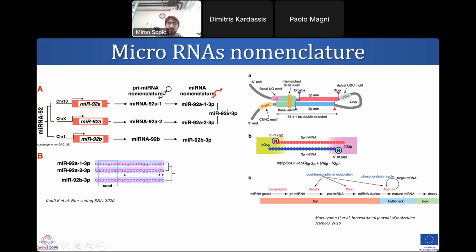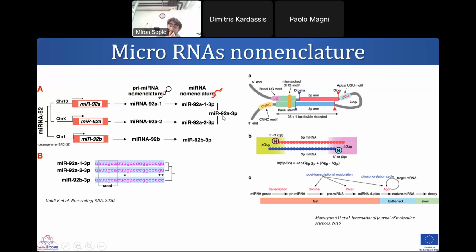So why do they have the same name? Why do we designate the same name for them? You can see that if you look at the sequence of both, they are the same not only in the seed sequence, but in the entire sequence, which means that they are the same.